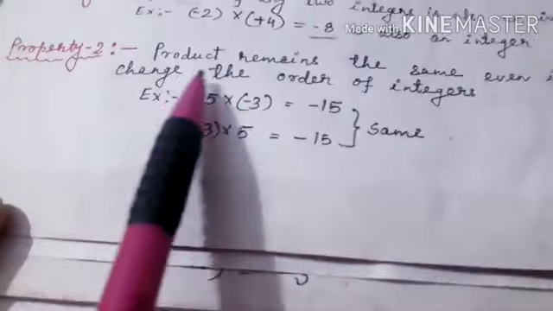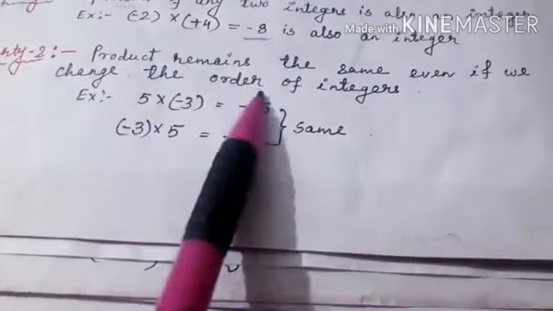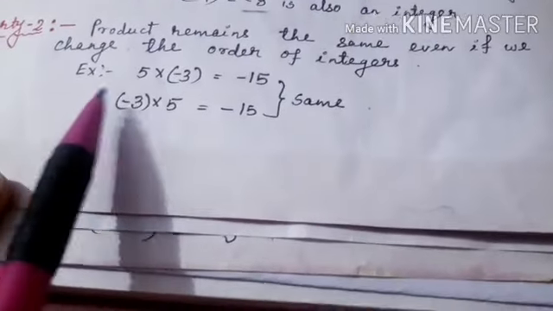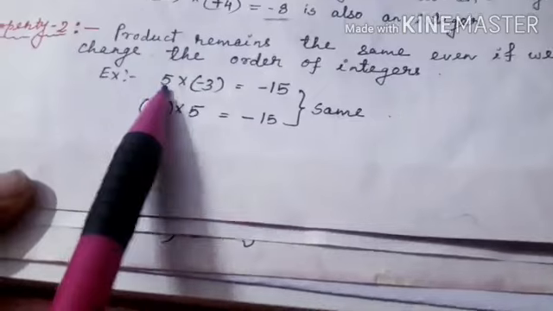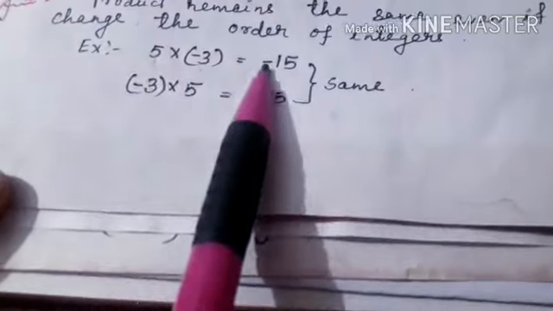Second property: the product remains the same even if we change the order of integers. Suppose we take one example, 5 and minus 3. First we multiply 5 into minus 3. That means plus into minus, we will get minus, 5 3s are 15, minus 15.